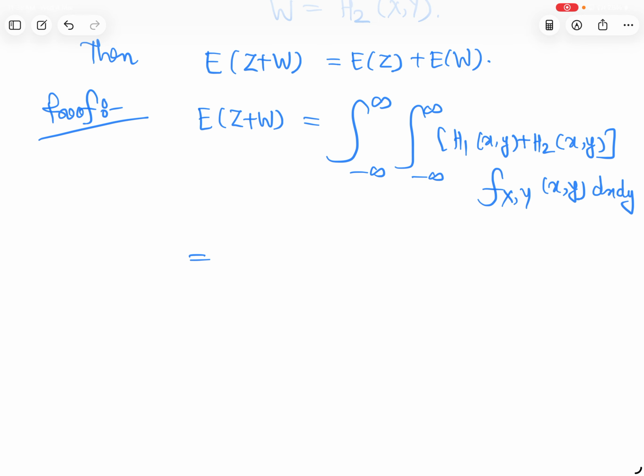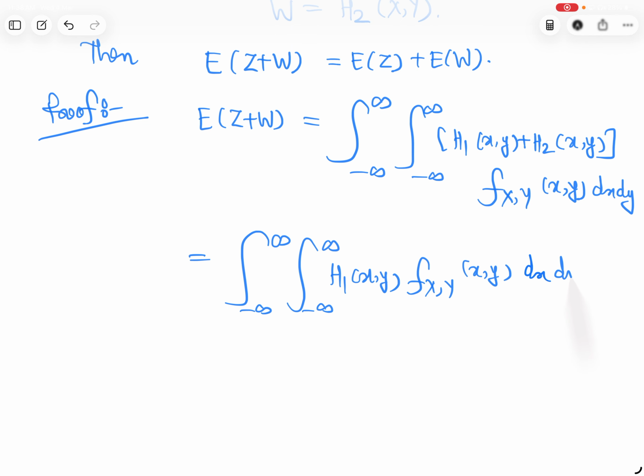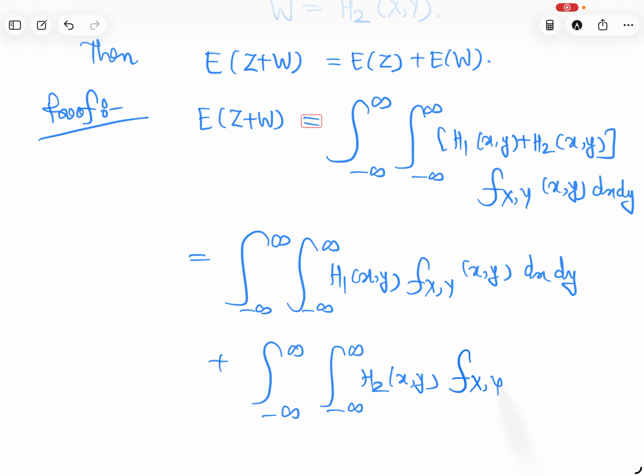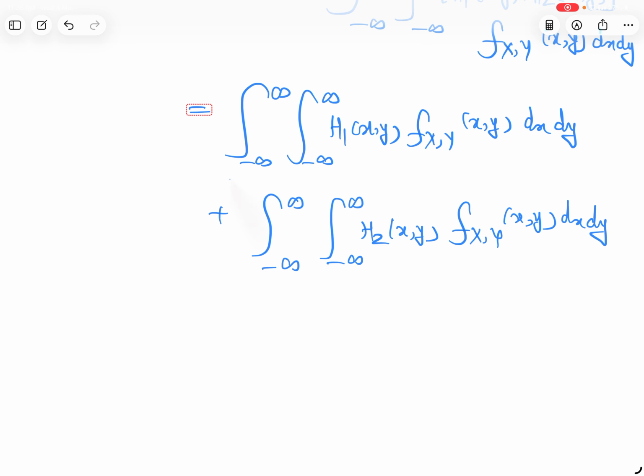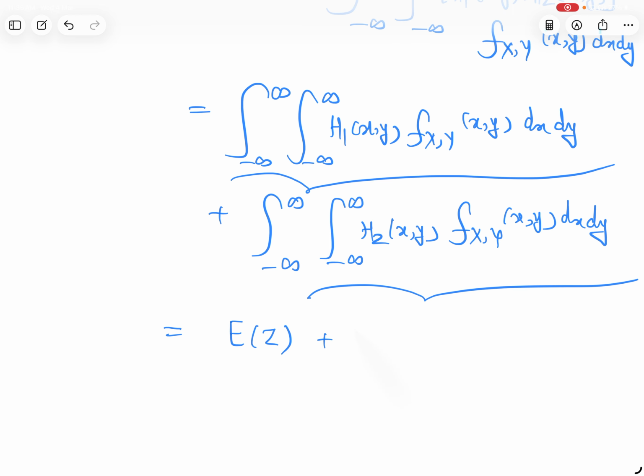Now we can open this integral: the double integral of h1(x, y) f(x, y) dx dy plus the double integral of h2(x, y) f(x, y) dx dy. Okay. Can you tell me what is this? This is expectation of Z, and this is expectation of W. So it is proved. Okay.